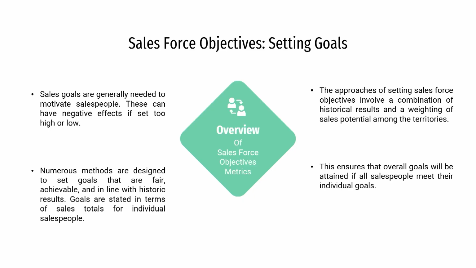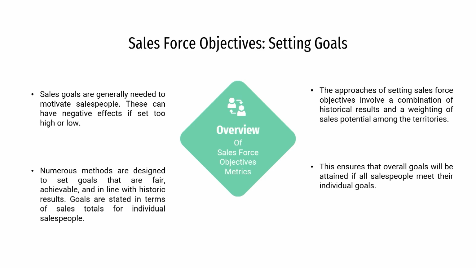So, 6 multiplied by 500, plus we have 8 medium enterprises whose buying power is 700 each, 8 multiplied by $700, plus we have 2 large scale entities whose buying power is 1000 each. So, it will give us a total sales potential of $10,600.